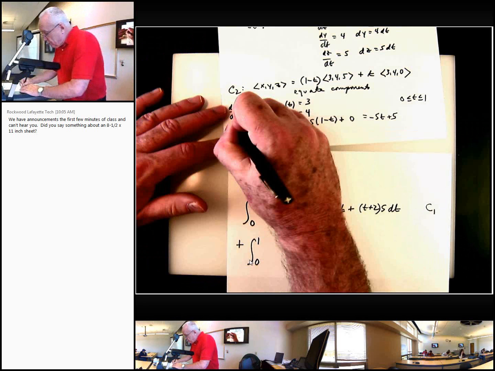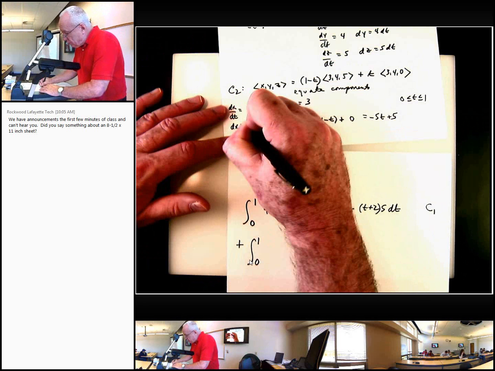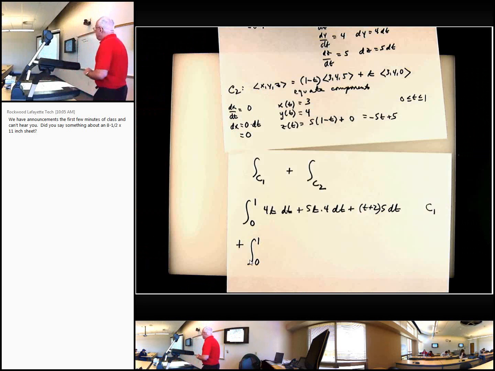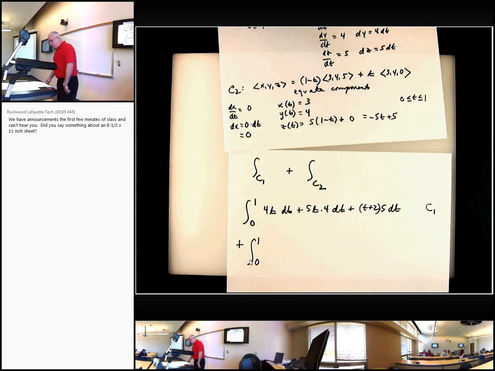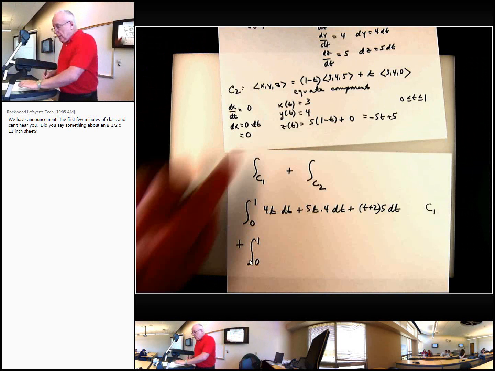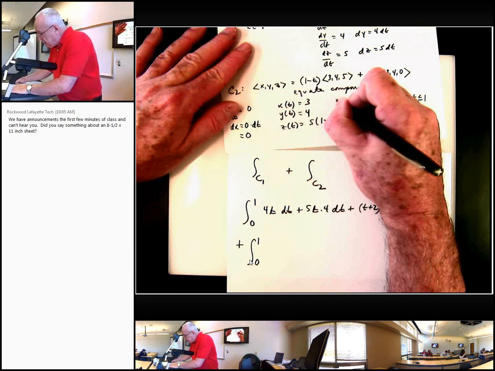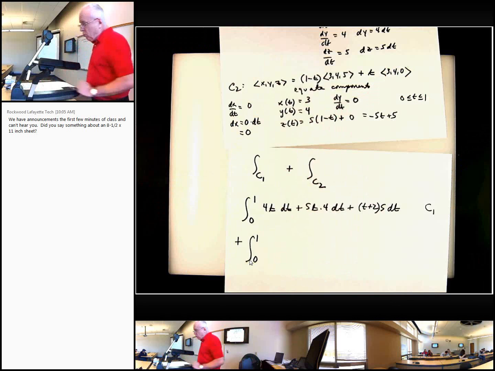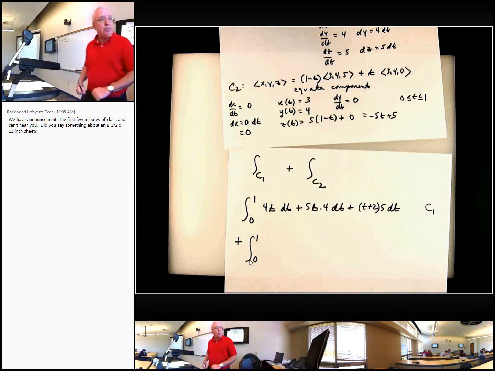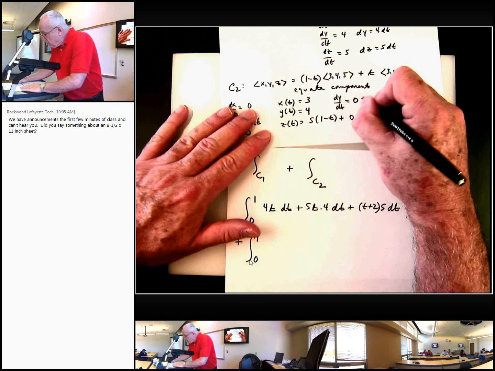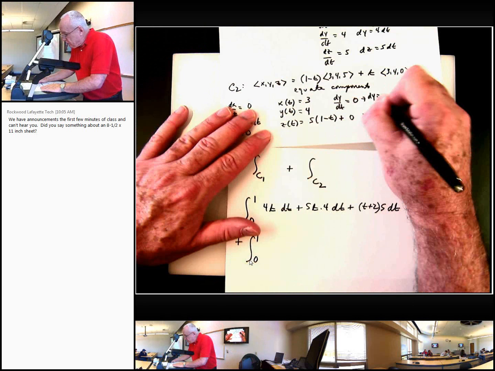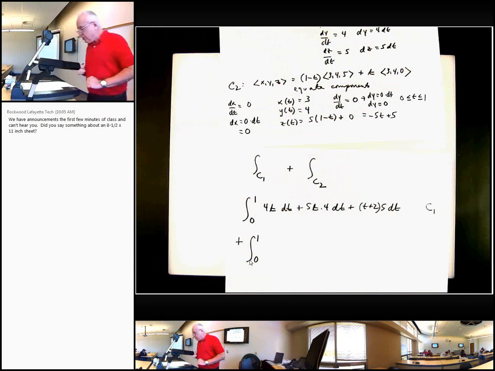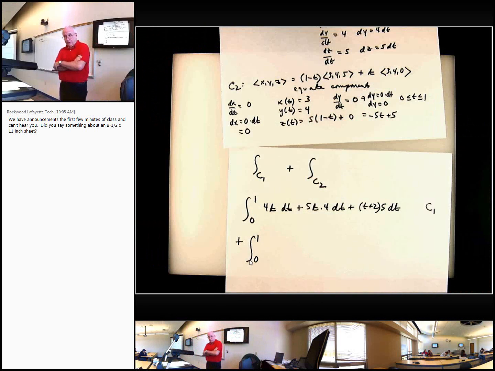So dx is equal to 0 times dt, and I'm just going to replace dx with 0. Same thing with dy/dt. Y is always equal to 4, so that's equal to 0. Therefore, dy is equal to 0 times dt, so dy is also replaced by 0 for the second one.